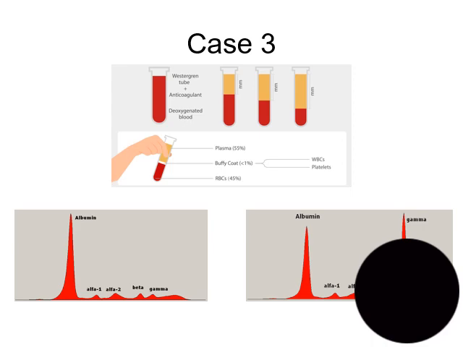I have also told you that the lower two pictures are for protein electrophoresis. The one on the left lower side is a normal electrophoresis, whilst the one on the right lower side is abnormal, showing an abnormal peak of protein at the gamma region, indicating there is an abnormal protein.